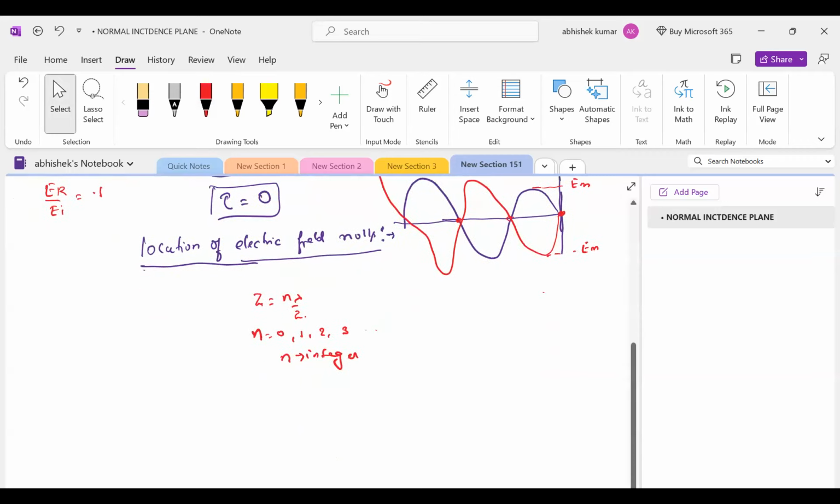If the wave is incident perfectly on a conductor, what we know is this is a conductor, according to the question, right? Our knowledge says that a conductor has intrinsic impedance 0, right?